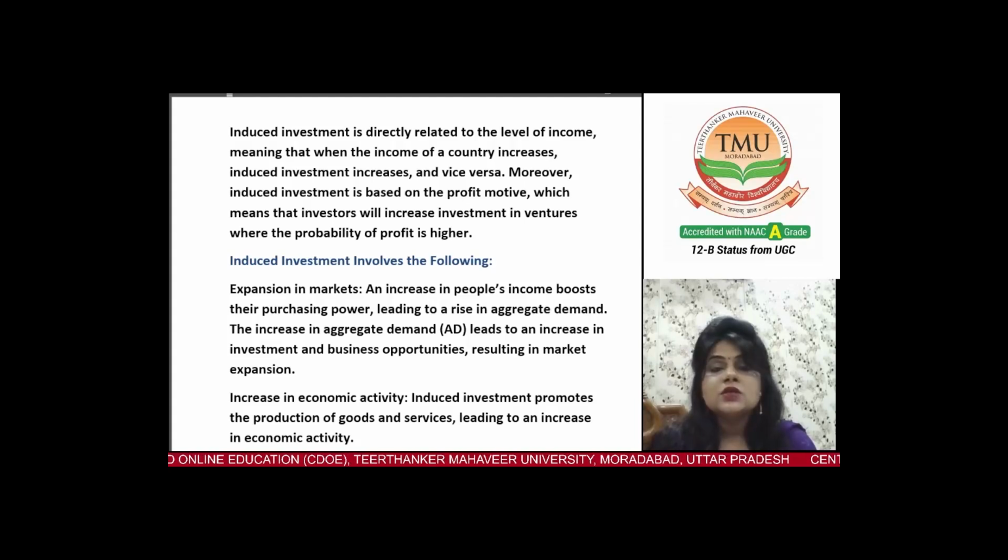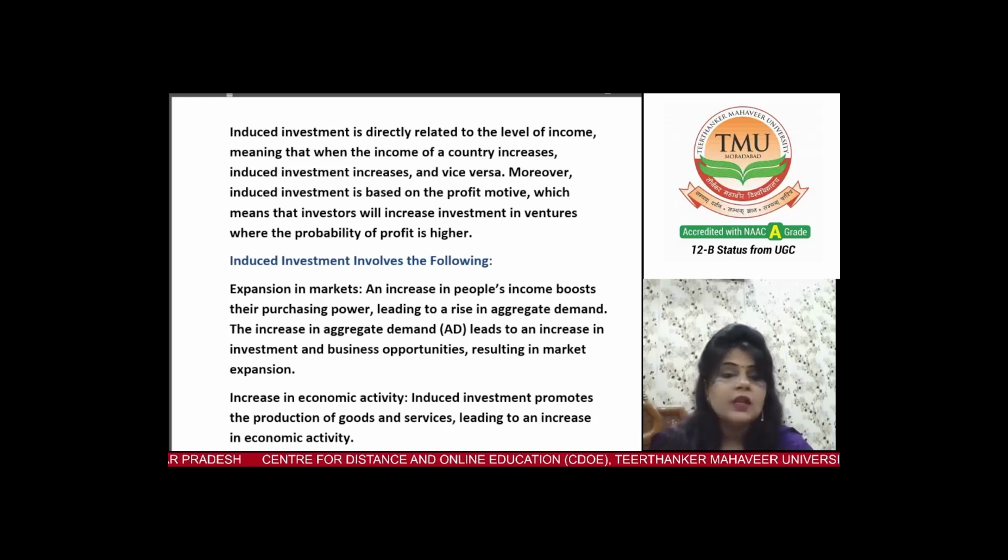Moreover, induced investment is based on profit motives, which means that investors will increase investment in ventures where the probability of profit is high.